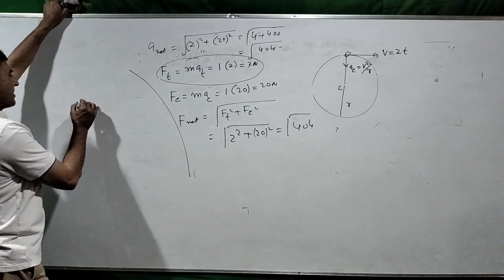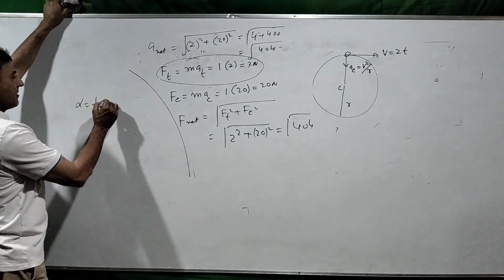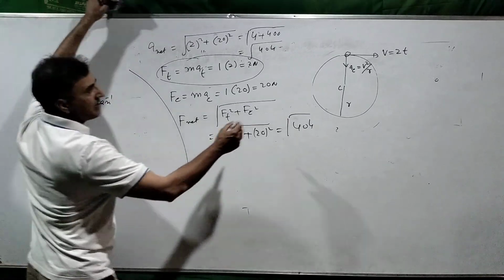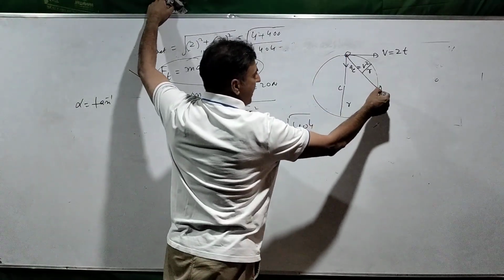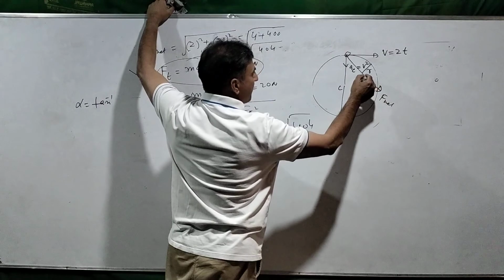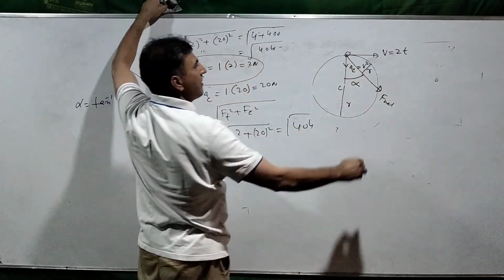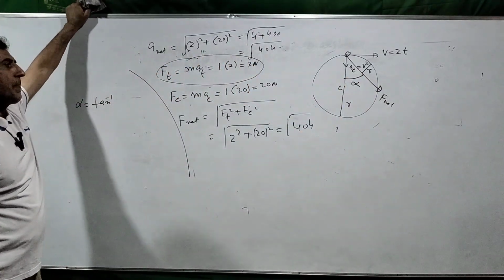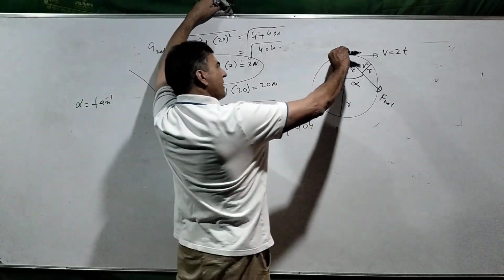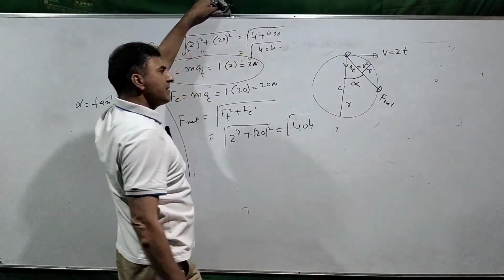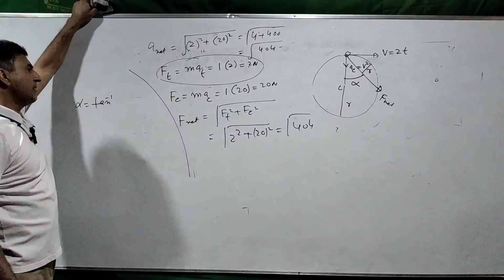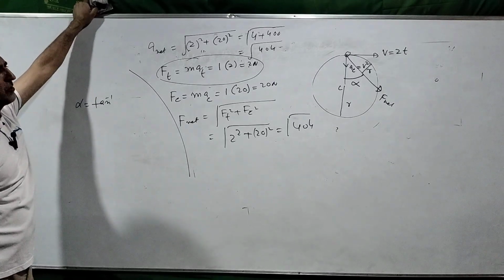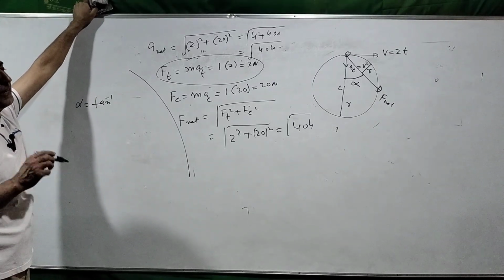Okay, what is the direction? Alpha, tan inverse. What angle does the net force make with the radial line? When there are two forces acting on the object, tangential and centripetal, the net force is not toward the center. It makes some angle with the radial line.